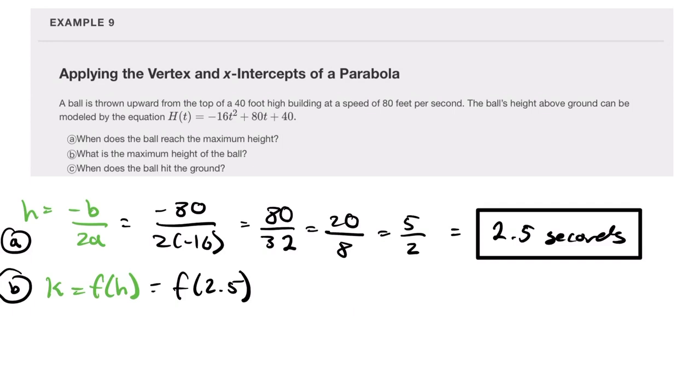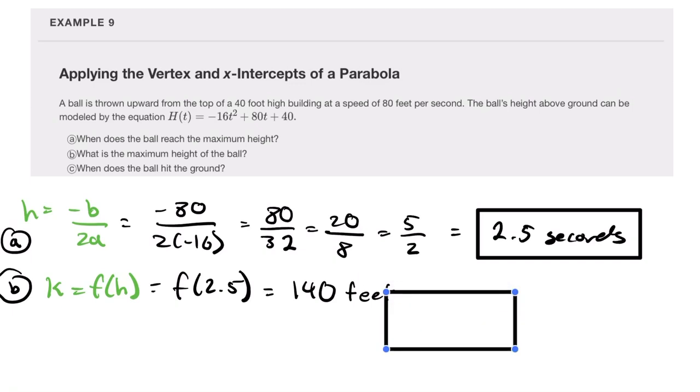I'm going to try this one more time. It is 140. So we're saying that it reaches a maximum height of 140 feet.